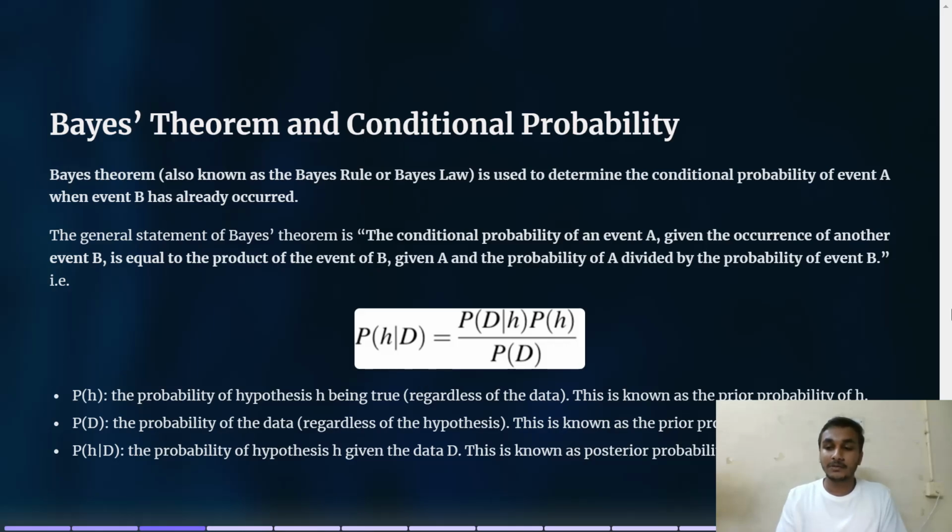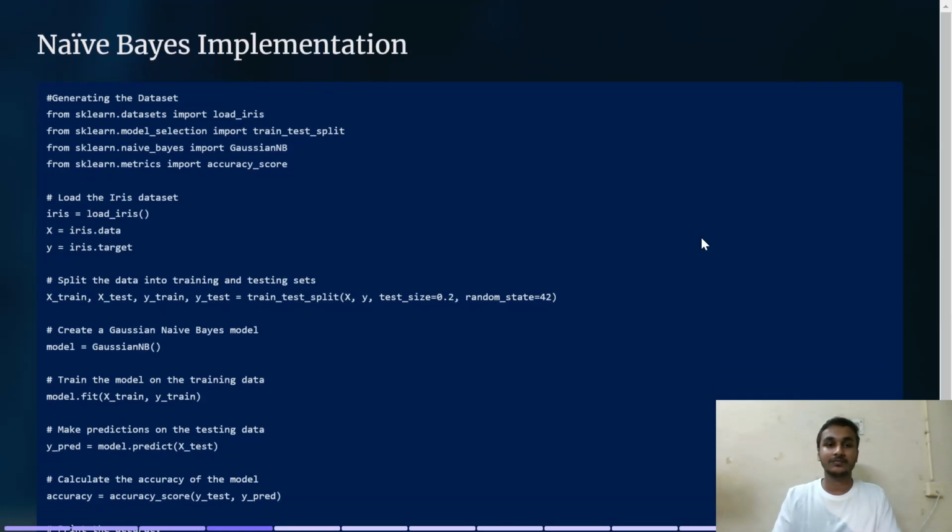This is known as the prior probability of H. And P of D, the probability of the data regardless of the hypothesis. And P of H given D, the probability of hypothesis H given the data D, this is known as the posterior probability. Now let's move to the next slide.